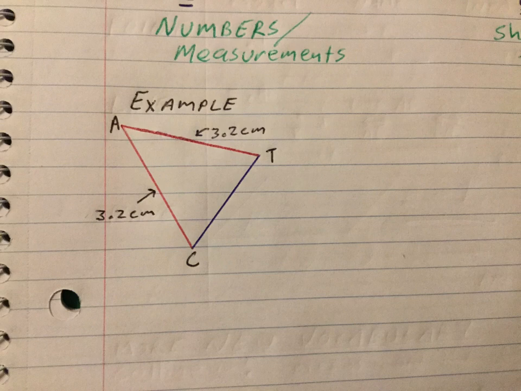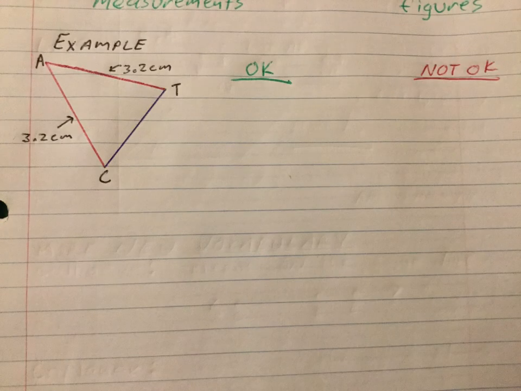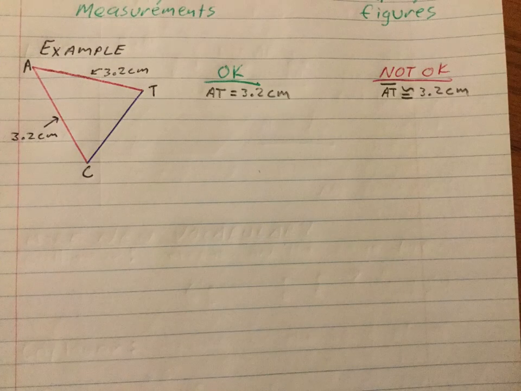Let's say we have this triangle CAT, and the two red sides are both 3.2 centimeters long. So it is okay to say segment AT is equal to 3.2 centimeters. It's not okay to say segment AT is congruent to 3.2 because we use equal for measurements and congruence to talk about the physical things themselves.